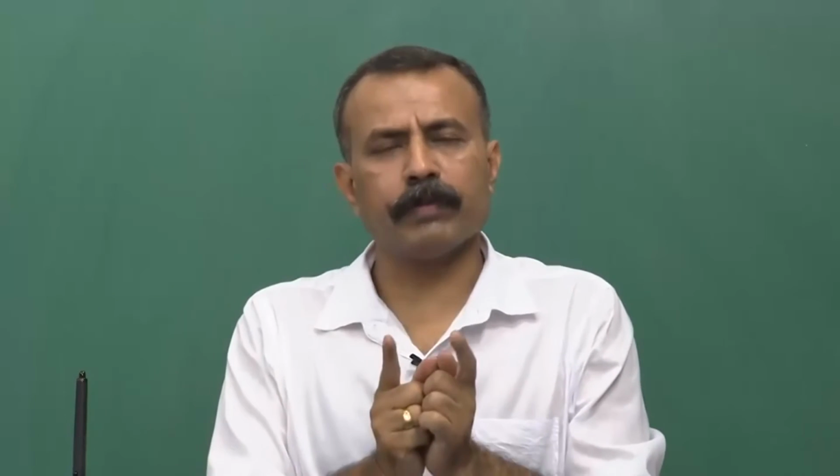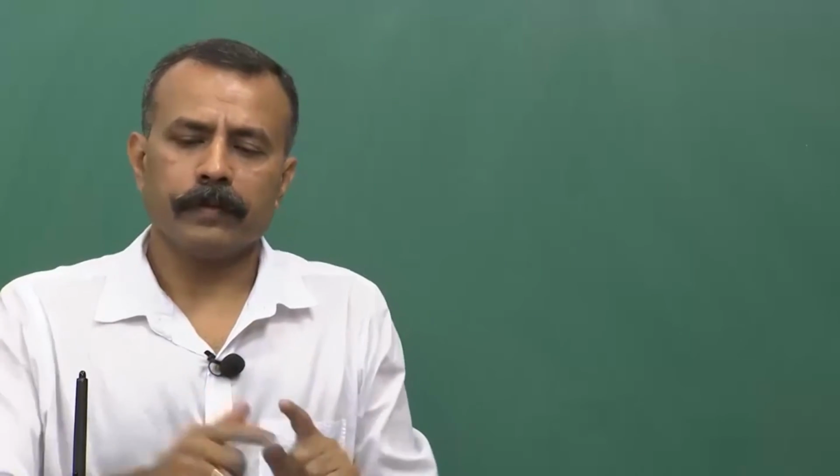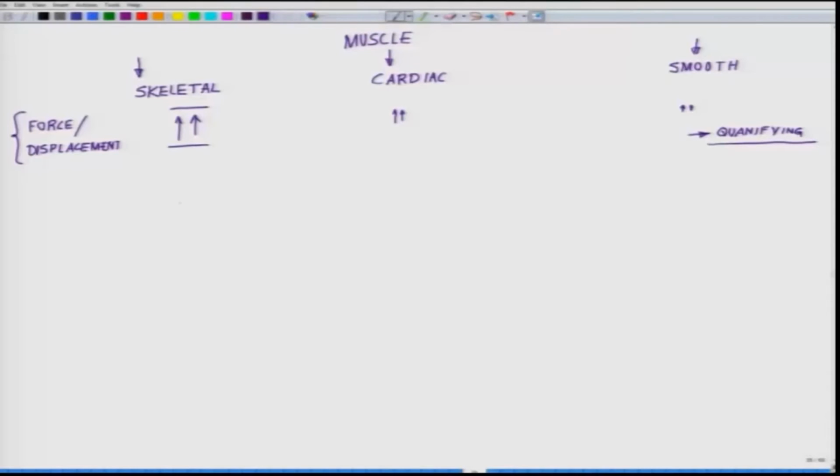It's a quantifiable parameter. But when you see a muscle tissue like this, you can say that this particular unit area, unit mass or unit volume generates maximum force, if it is a skeletal muscle, or lesser. So you can quantify it.